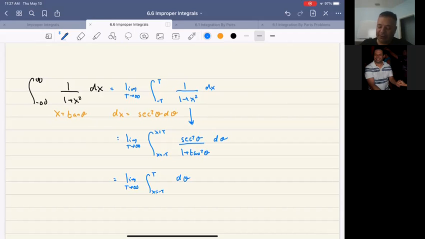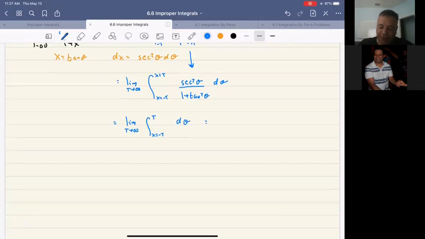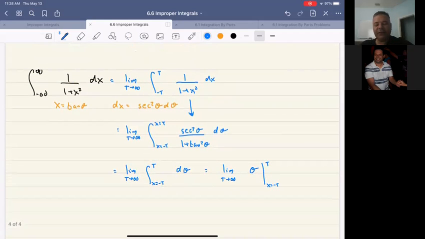Okay, so that's going to be what? Theta. Now, I have to go back because I've written this in x, so theta is the arctan of x.